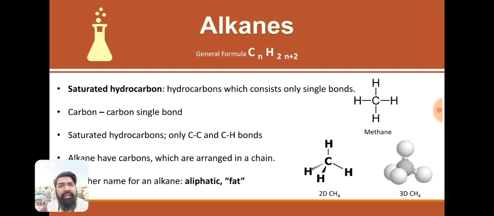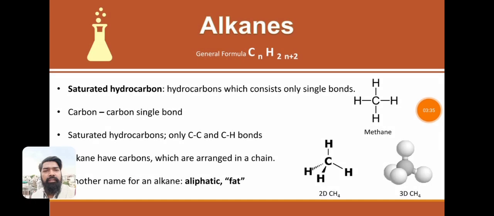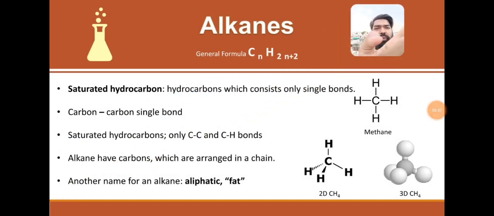An example is the methane molecule, a saturated hydrocarbon. We can have only carbon-carbon bonds, and we can also have carbon-hydrogen bonds, which gives a beautiful chain compound.